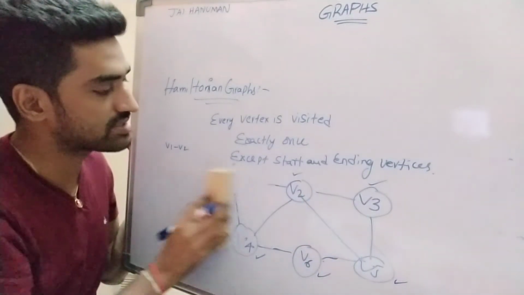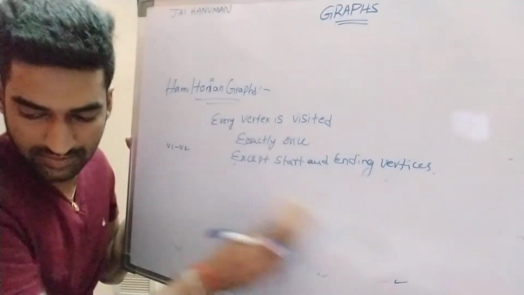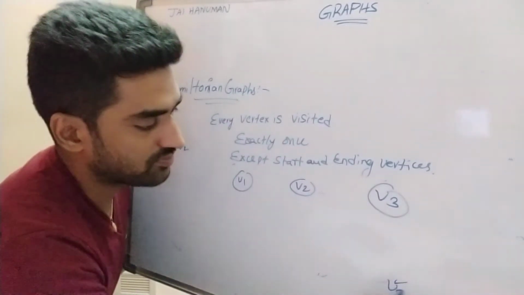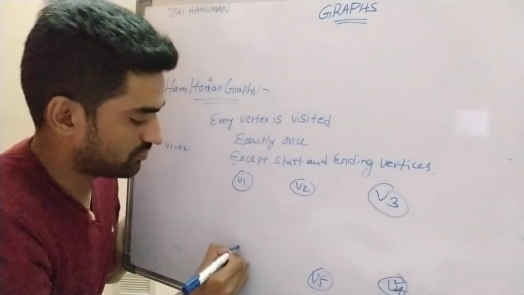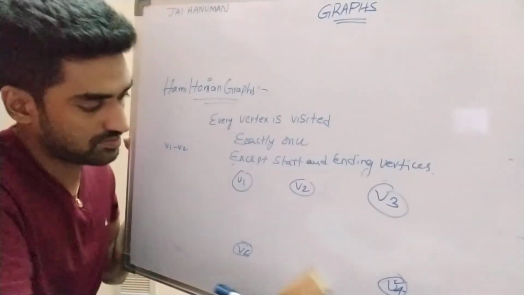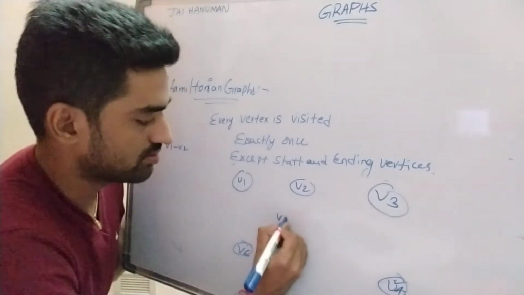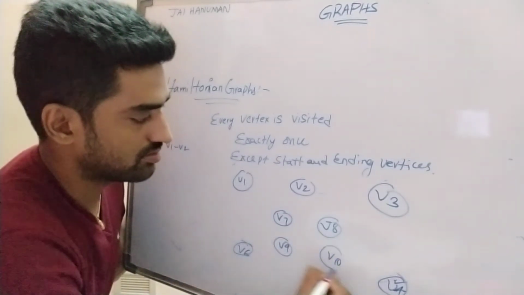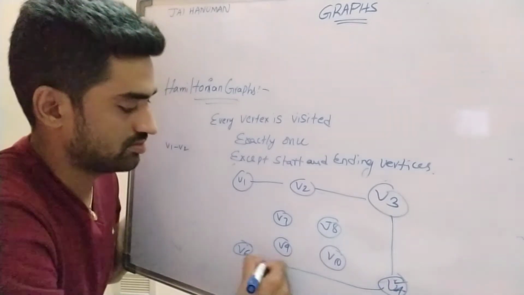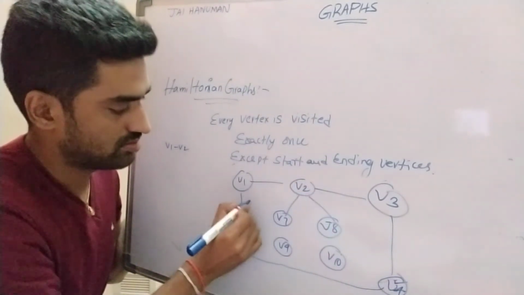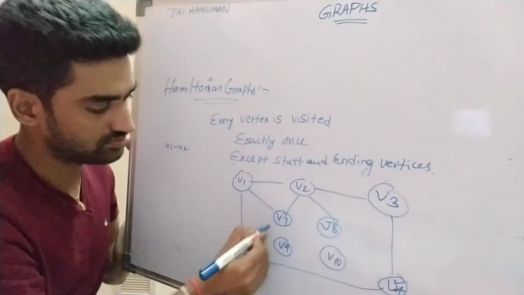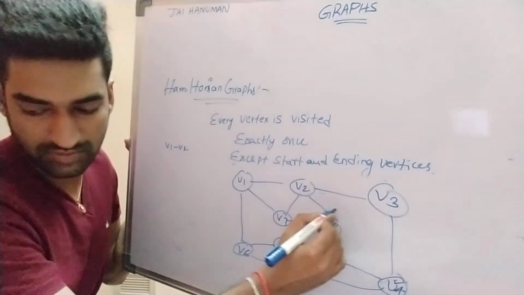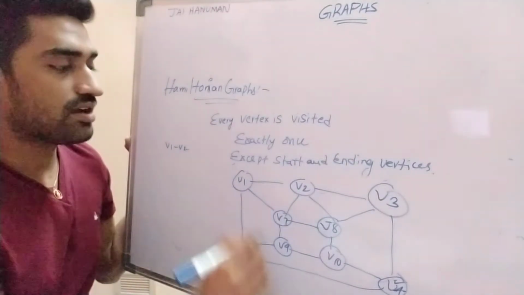Here we are taking one more example. V1, V2, V3, V4, V5, V6, V7, V8, V9, V10. This graph is also called a Hamiltonian graph. Why?